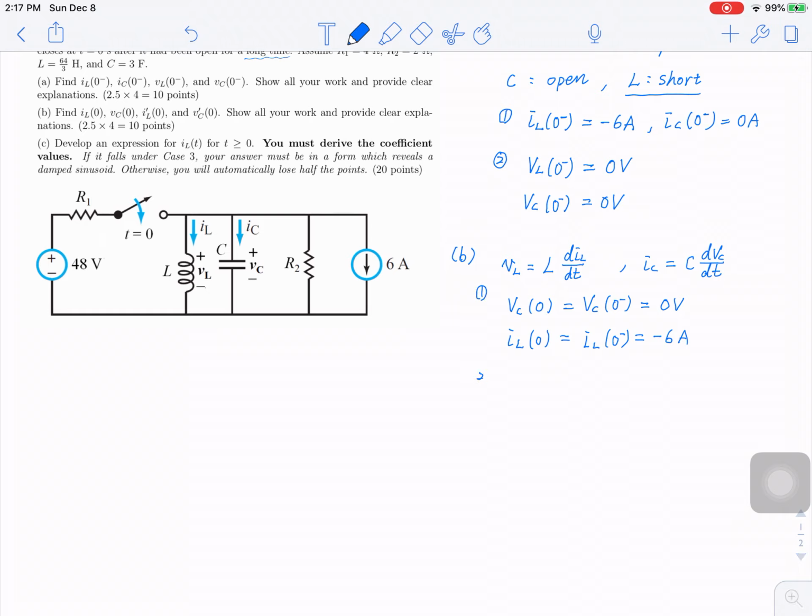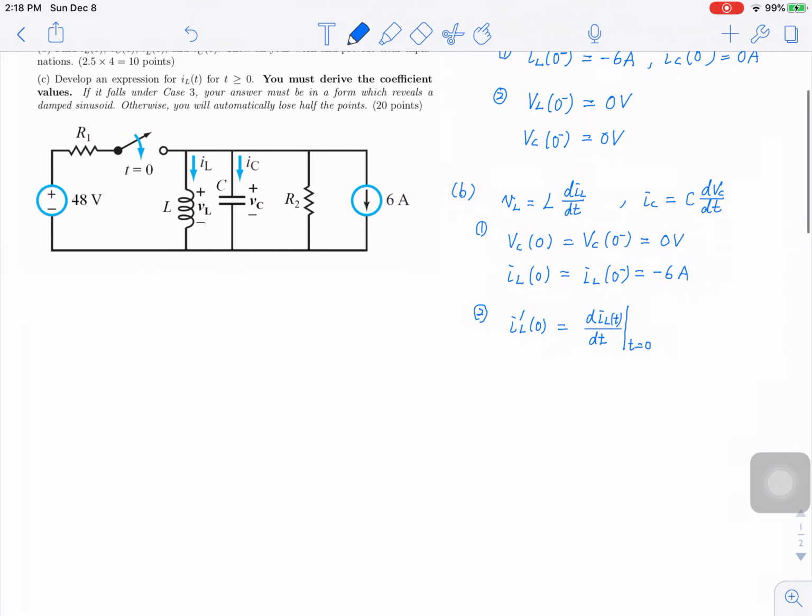Next, we continue to determine IL prime at time equals 0. This is actually equal to dIL/dt when t equals 0. So how to get this answer?